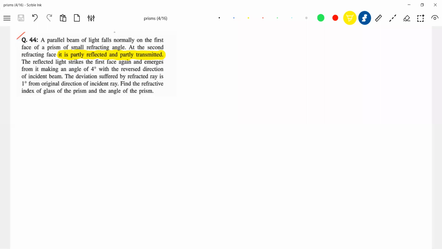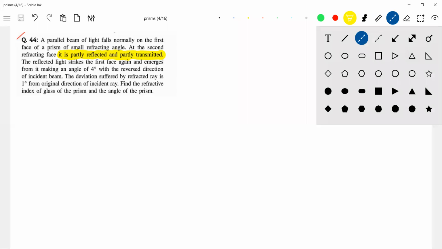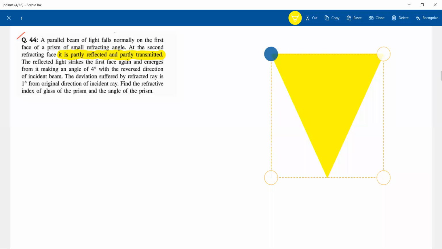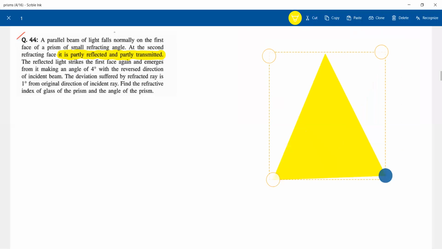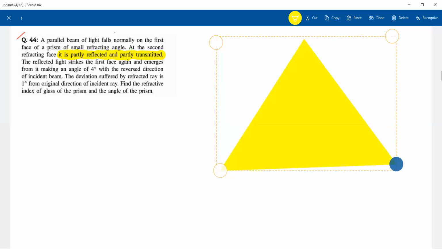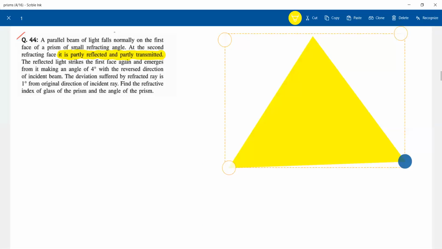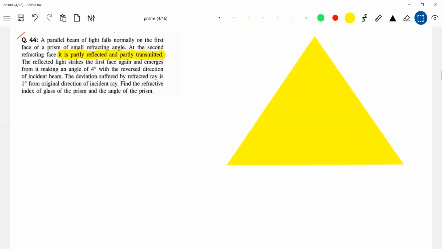Okay, now get into the question. Get that basic diagram. Draw the prism. First, draw the triangle. If you can draw the triangle, you can do something. Okay, let's get into the ray being incident normally.